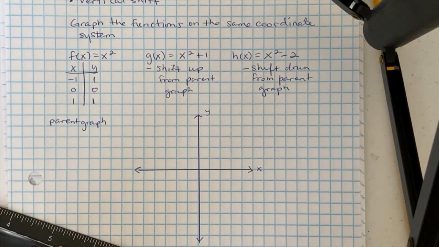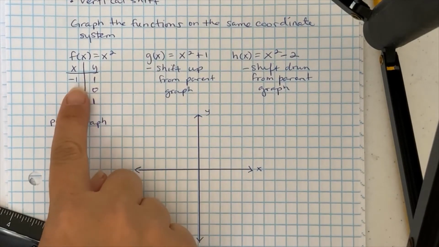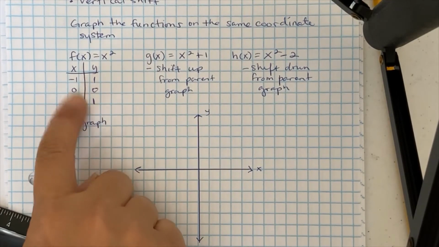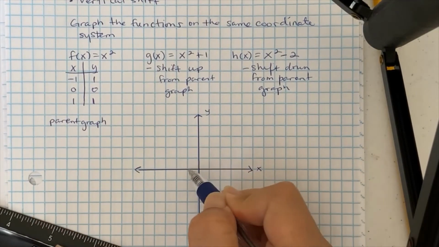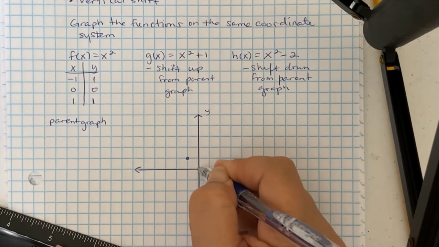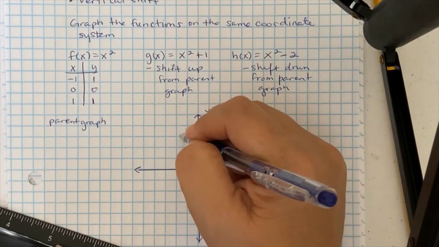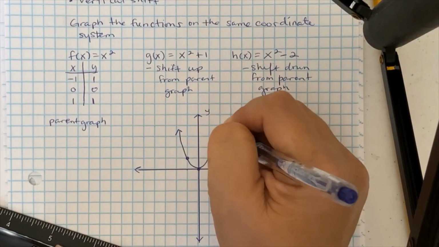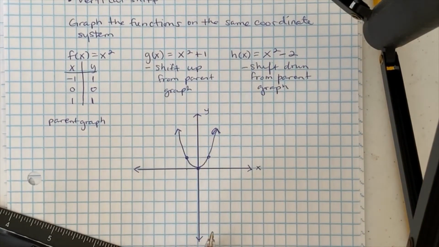The parent graph says the ordered pairs are -1, 1, 0, 0, and 1, 1. This is why I did the t-chart here. So we have -1, positive 1, there's our first point, 0, 0, and then 1, 1. And we just draw a curved graph going through those points. Put arrows on the end since our graph is not stopping, it is continuous.